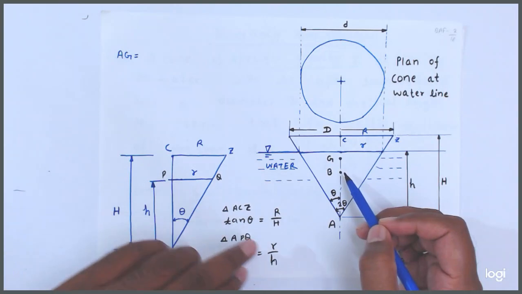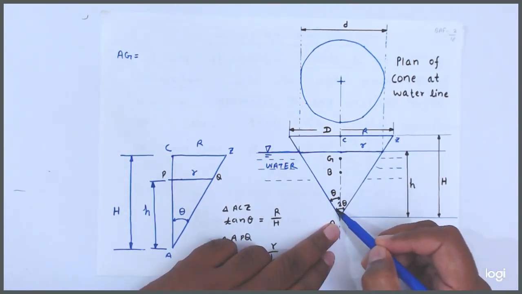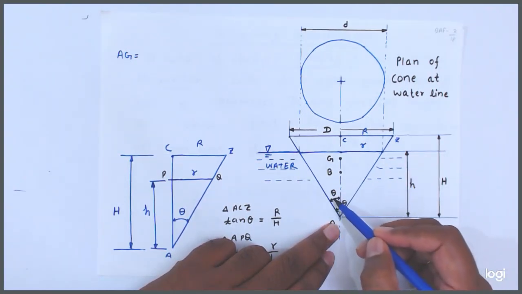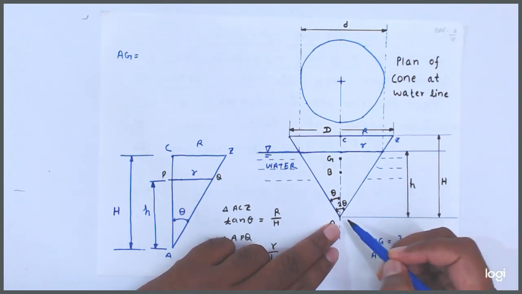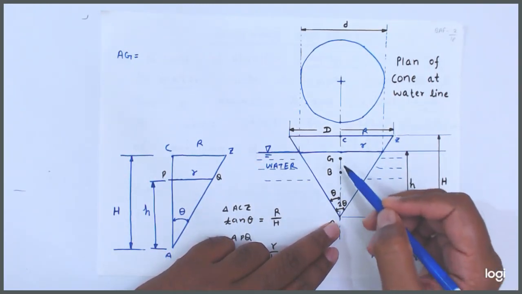Okay friends, now one more point is that the apex angle which is made here by the two sides is 2 theta. So one side is half of it, so we can say this is theta. Now one more point: what is the height of the center of gravity from the apex?